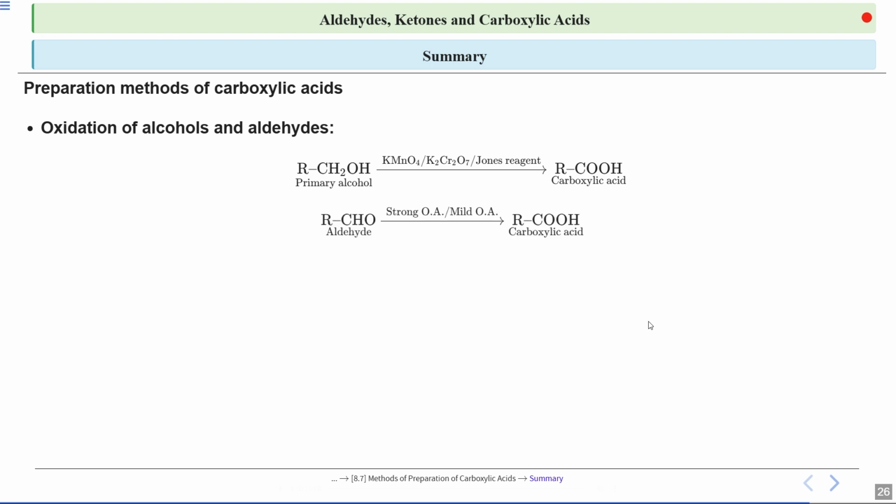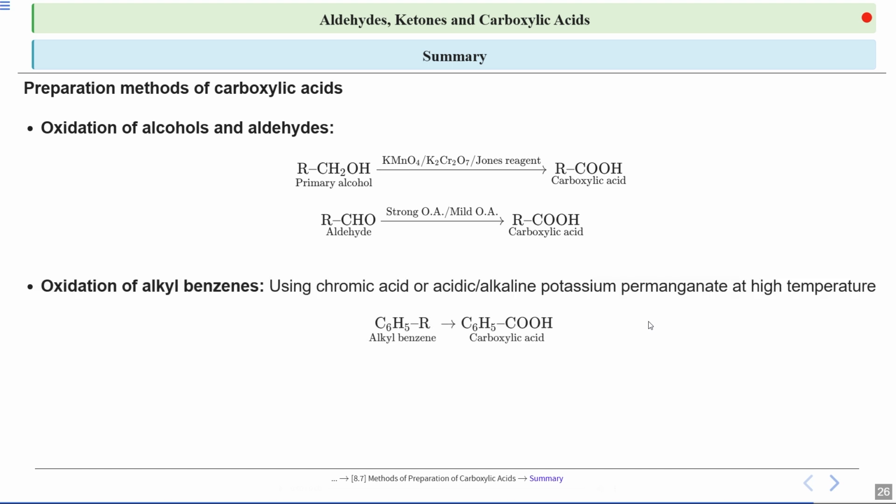And for the oxidation of aldehydes, they can be further oxidized to carboxylic acid using a stronger or milder oxidizing agent. Next, we saw the oxidation of alkyl benzene using chromic acid or potassium permanganate under acidic or alkaline conditions. We can oxidize alkyl benzenes to carboxylic acid.